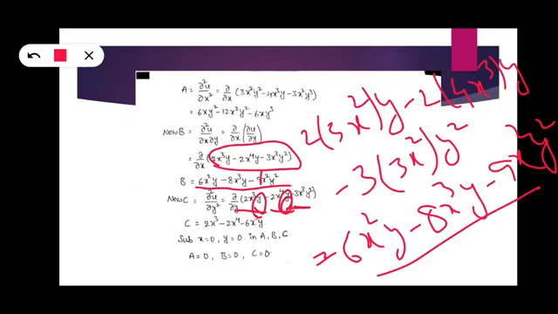All the terms are in terms of x and y. If we substitute x equals 0 and y equals 0, those values will be 0. So here we write: if we substitute x equals 0, y equals 0 in a, b, c, then a equals 0, b equals 0 and c equals 0.